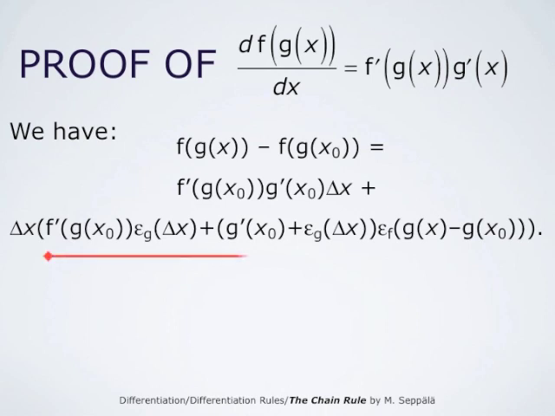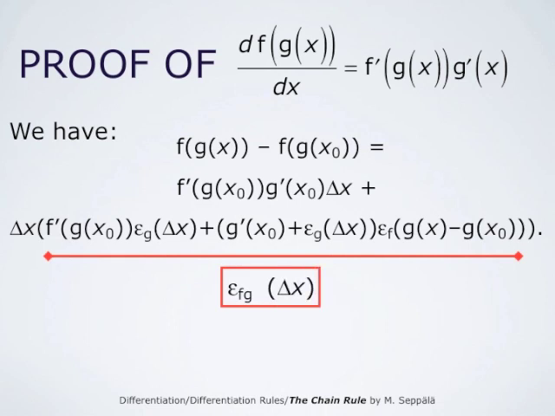This complicated long expression we called epsilon fg delta of x. And in order to show that the composed function f composed with g is differentiable, we have to see why epsilon fg of delta of x approaches 0 as delta of x approaches 0. This was the condition we had in the differentiability.